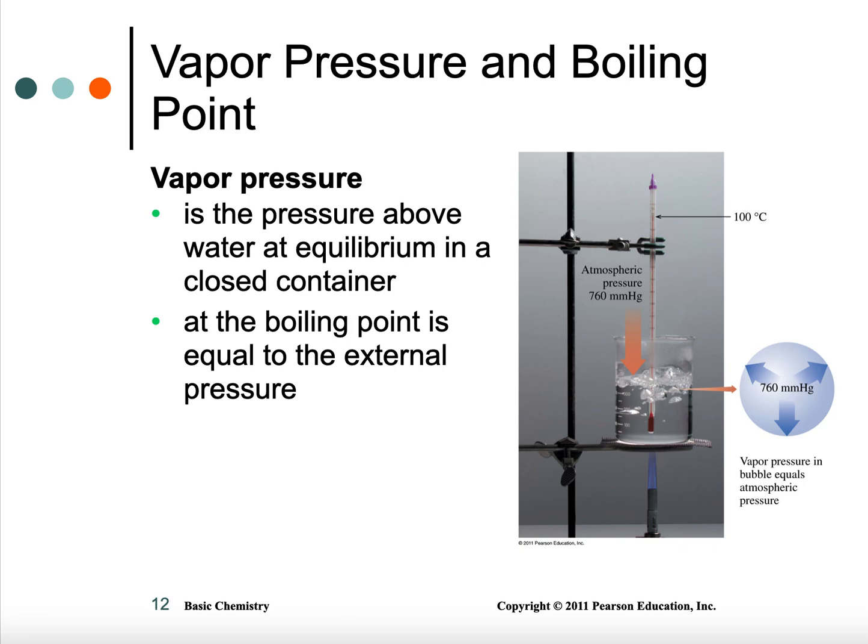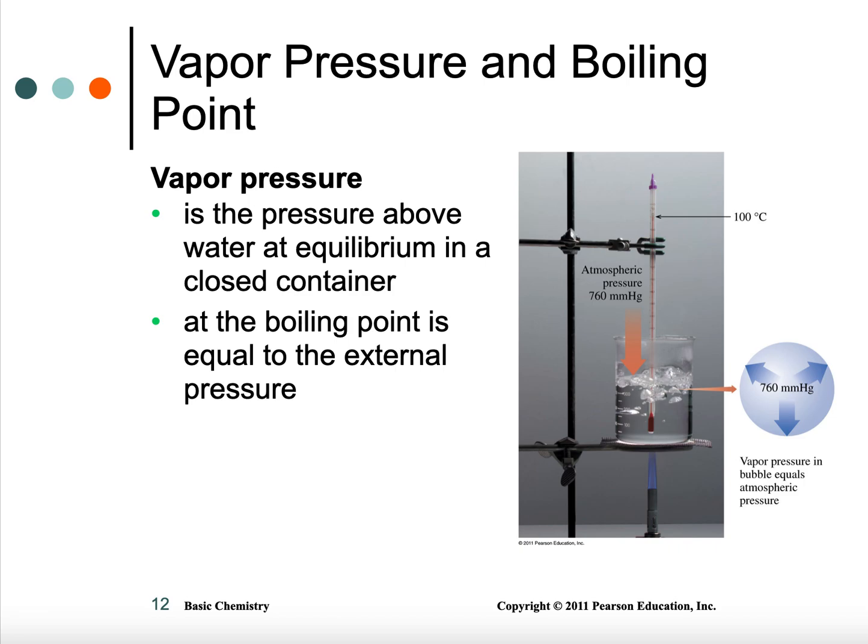Okay, so what if you had no atmosphere at all? What if you were in space? In space, you don't even need 100 degrees. It would boil at 0. It's called a triple point. A triple point is where water melts from ice to liquid water at 0, and with no pressure at all, in a vacuum, it would also go straight into vapor and boil, essentially.